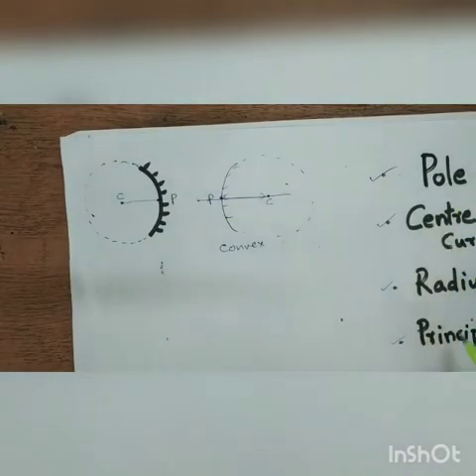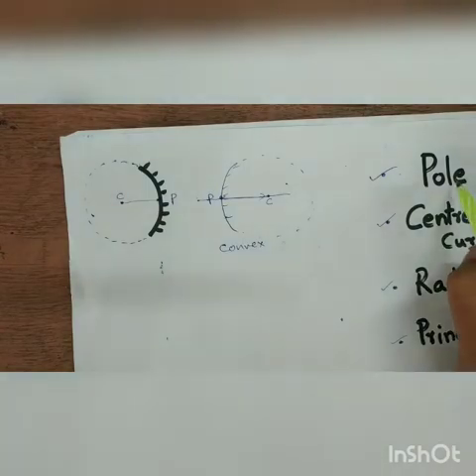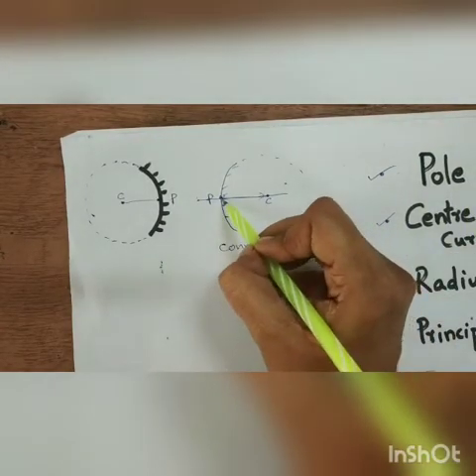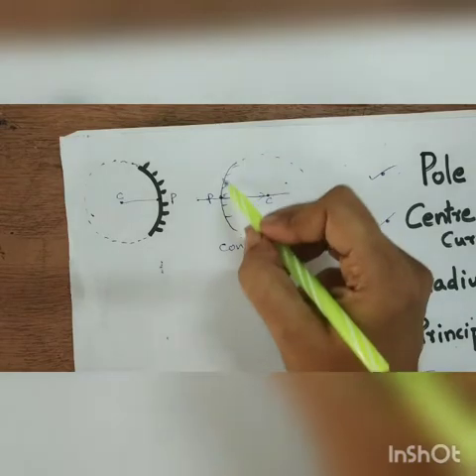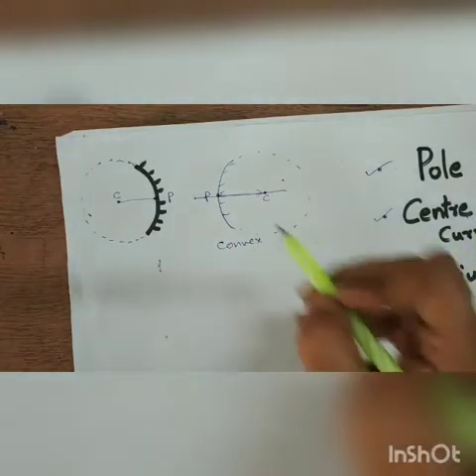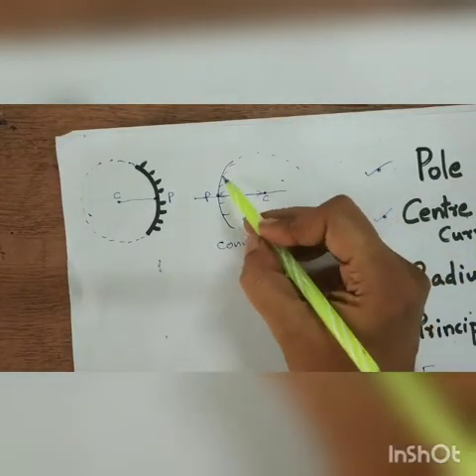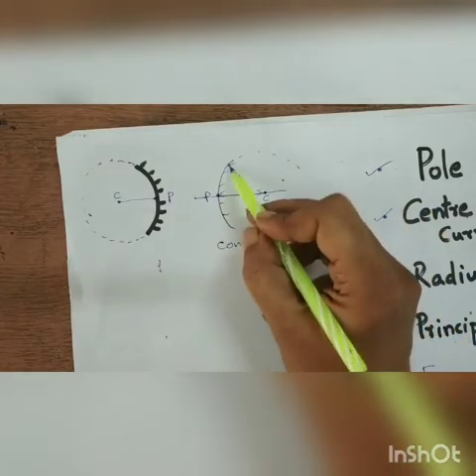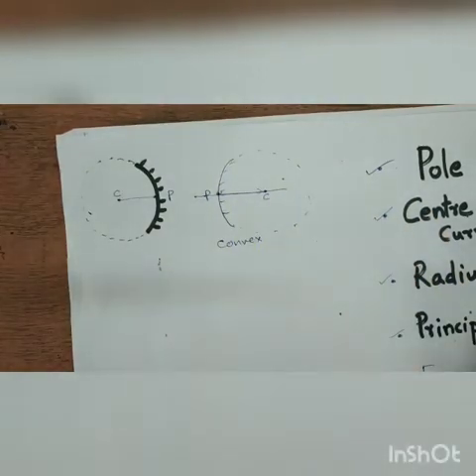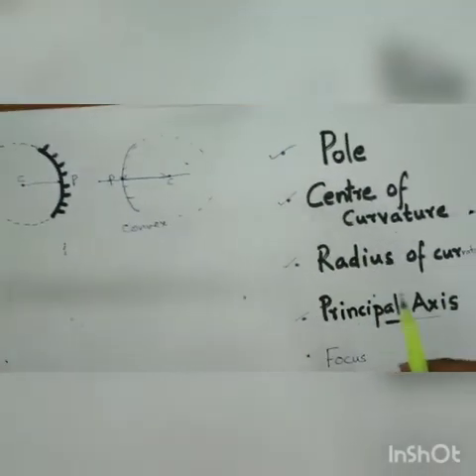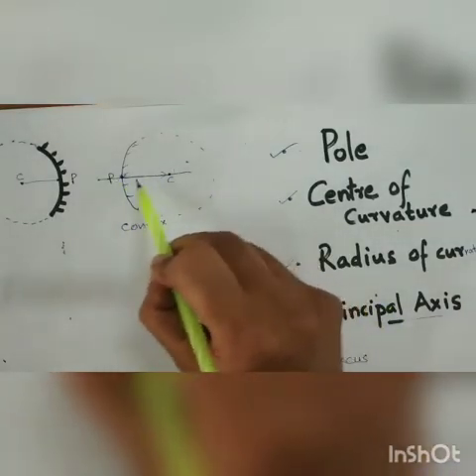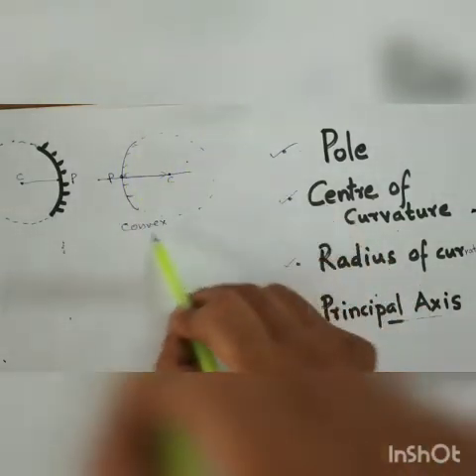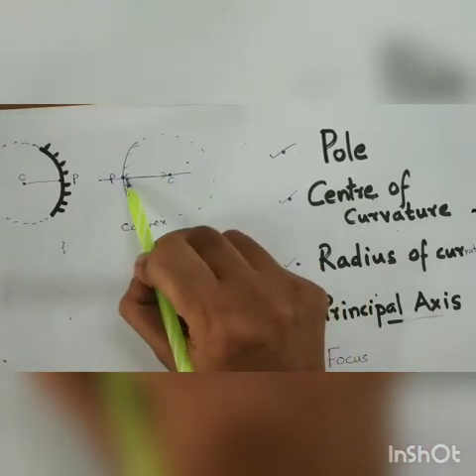So we have studied about 4 terms. First one is the pole. Pole means the actual geometric center of the spherical mirror. Center of curvature, it is the center of the sphere of which this spherical mirror forms a part. Radius of curvature, it is the radius of the sphere of which the mirror forms a part.